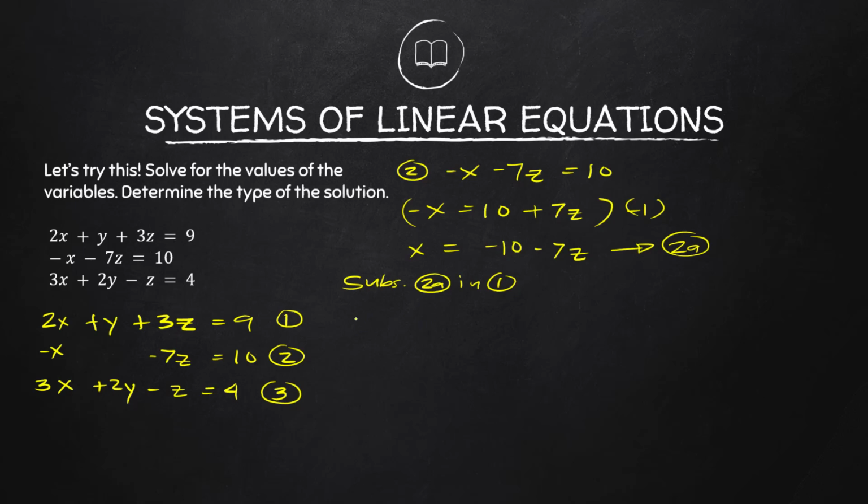So doing that, you have here 2, but the value of x is equal to negative 10 minus 7z. So what we can do there is to copy that value: negative 10 minus 7z. Don't forget your parentheses, because that will mean that the values inside the parentheses is the value of your x. And then we have plus y plus 3z equal to positive 9.